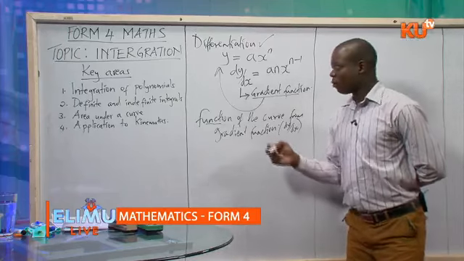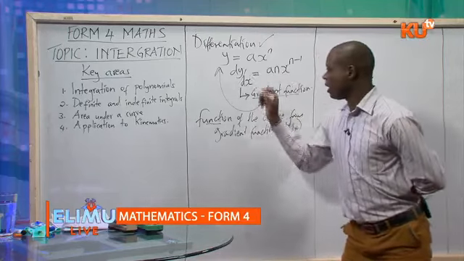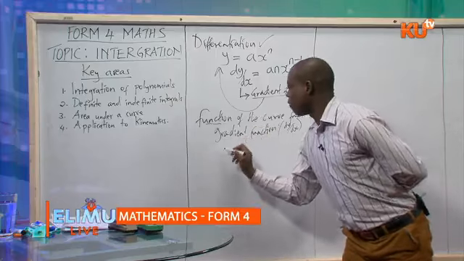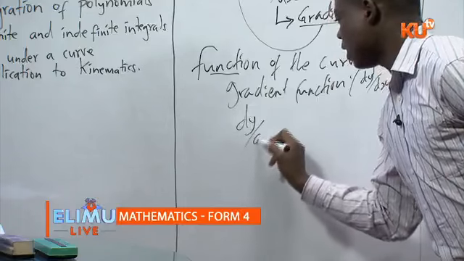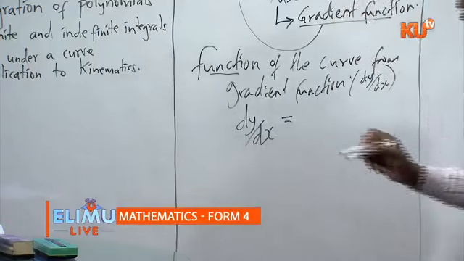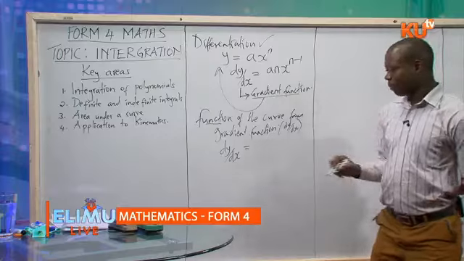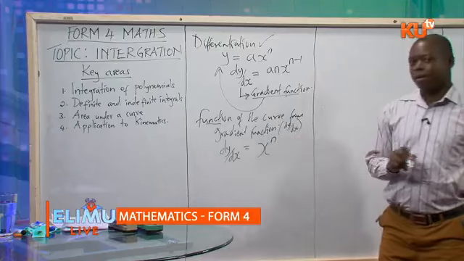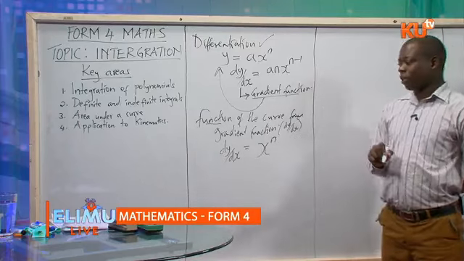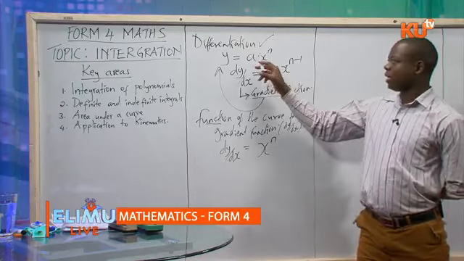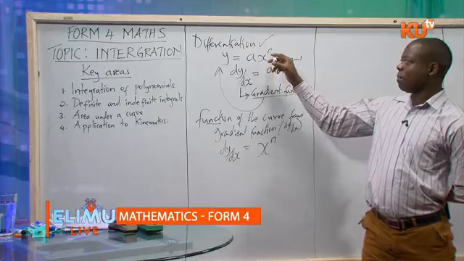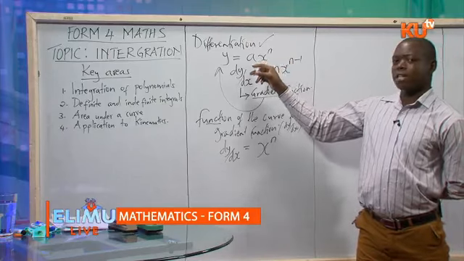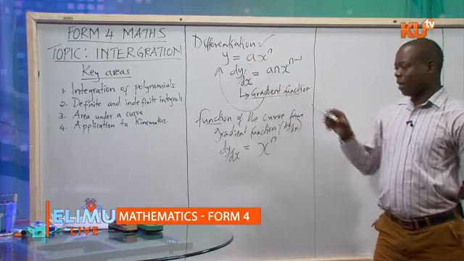So in this process, we are going to do the reverse of what we've done in differentiation. So if we have dy/dx, which is the gradient function given as x^n, the first process in differentiation is to multiply the power and the coefficient.